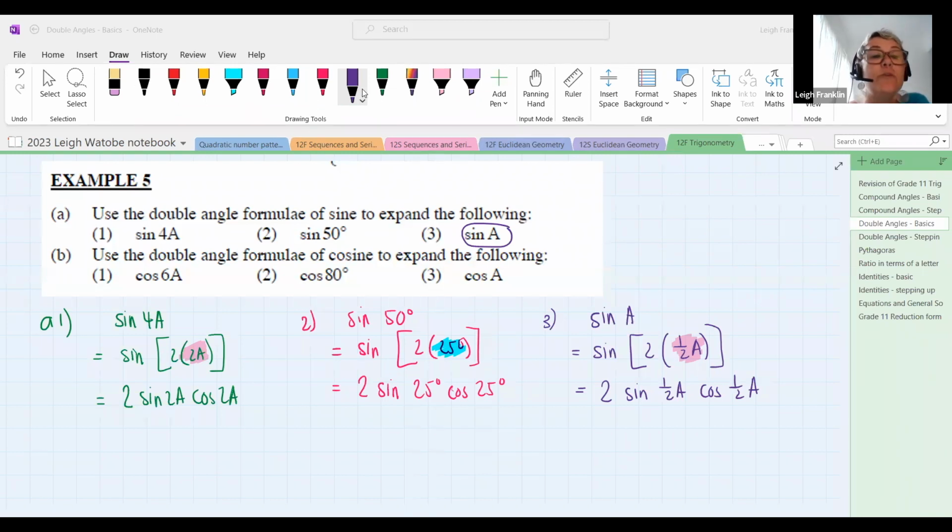So let's go down to question B now. Let's change our color and do B number 1. Again, they've asked us to use the double angle formulae of cosine to expand the following.